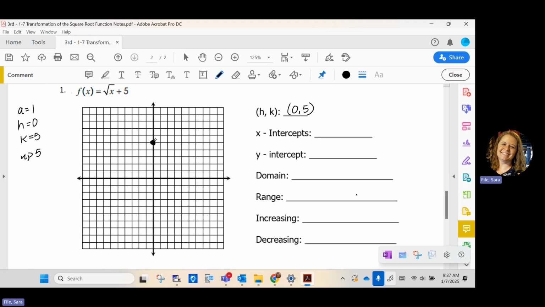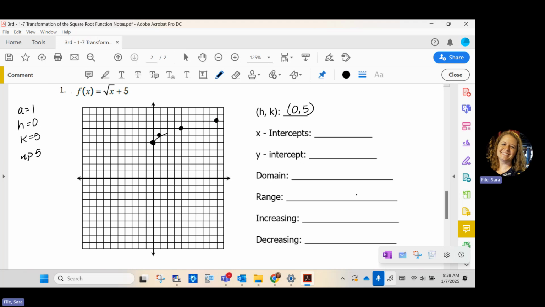And then you can make a table, you can plug in other numbers, or you can just do the movements from the parent function. Over 1, up 1. Over 4, up 2. Or over 9, up 3. From that endpoint.